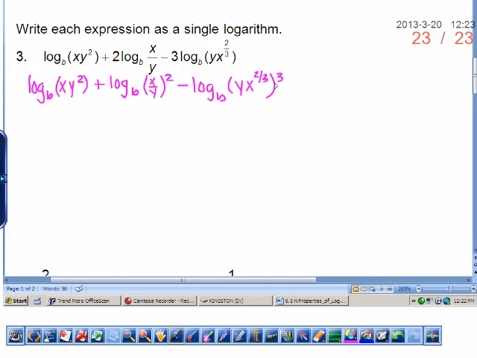My personal preference at this step is to go ahead and distribute these exponents so that we know what we're dealing with. So I'm going to rewrite this as: that first log stays the same. When I have x over y squared, what does that give me? Good, that's x squared over y squared. And then what do I do with that cubed?